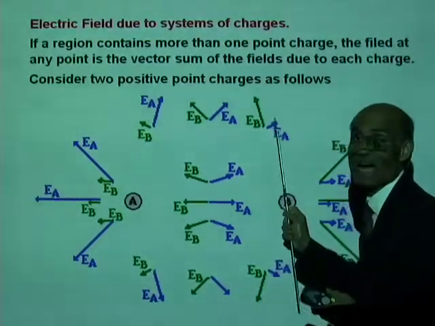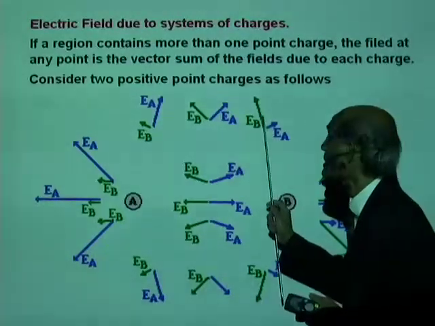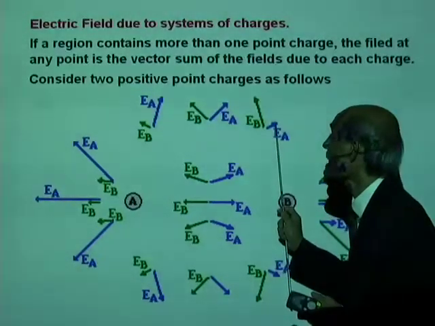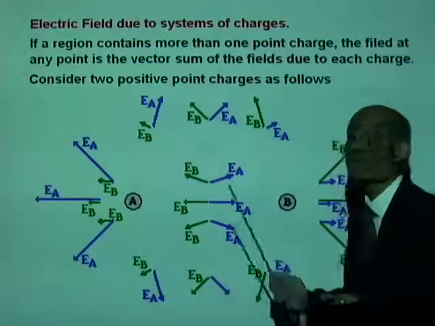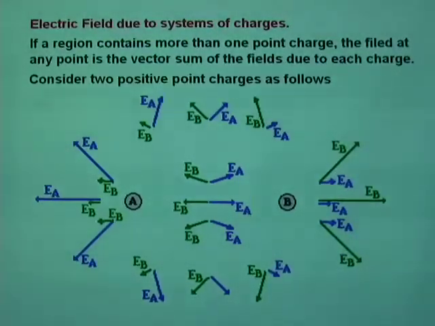Now, you know how to add vectors, is that right? You can actually draw a parallelogram with these as the two sides, and the diagonal will then give the resultant. That means the resultant field will be therefore this. The resultant field in here will be that.